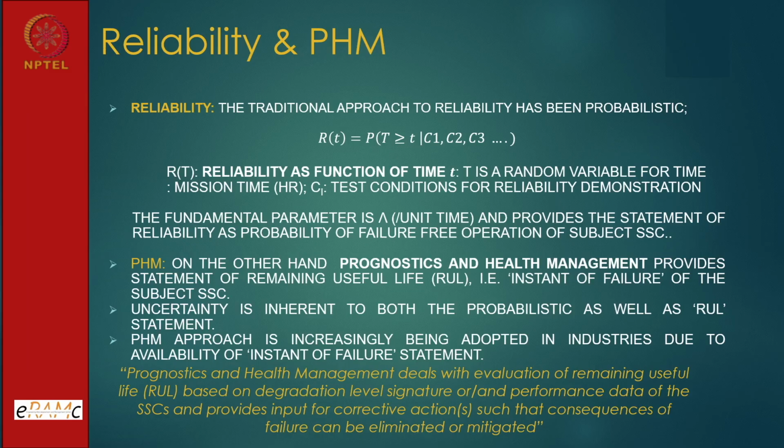Say you have a certain component, you put n components under a test. Now what you get in the probabilistic domain is a mean time to failure. Next to the mean time to failure, uncertainty is reduced by tracking the degradation, and we know how far we are from the failure.